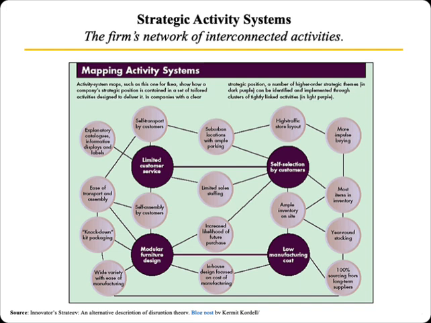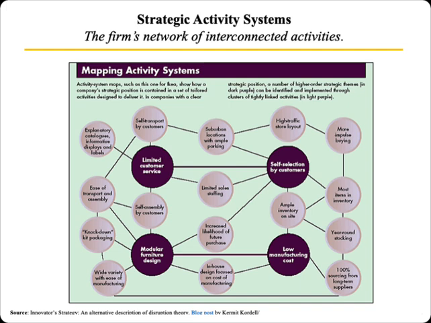Repeating the key point once again, the resource-based view is an analytical tool for identifying sources of distinctiveness, or how a firm can stand out to its customers. Strategic activity systems analyze how a firm creates systems to deliver a firm's competitively valuable resources to the market through strategic capabilities and core competencies.